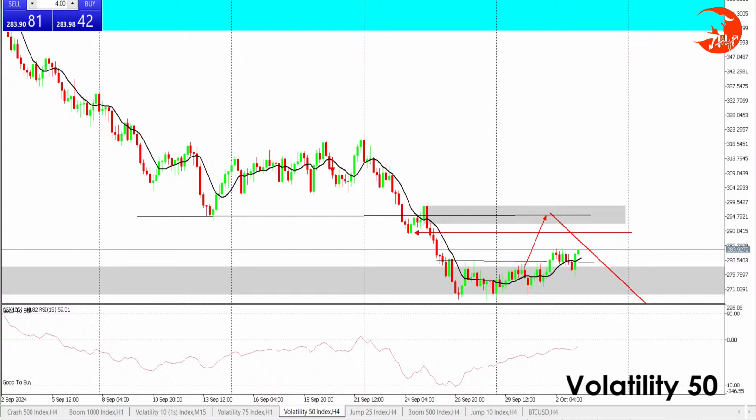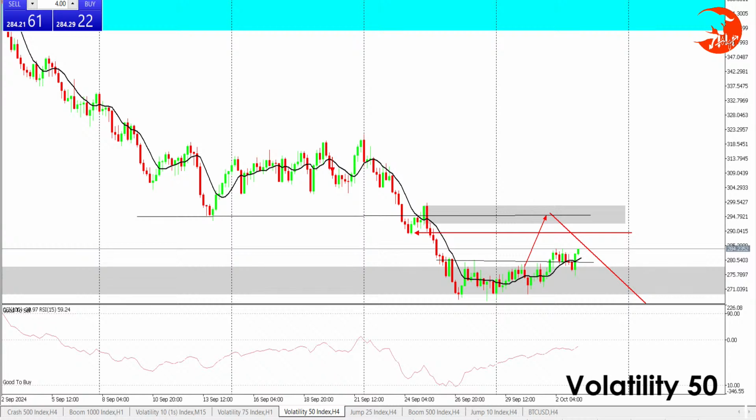So V50, it broke our level there, and from what we saw yesterday, we said actually this will be a short buy to take us there and later on sell.